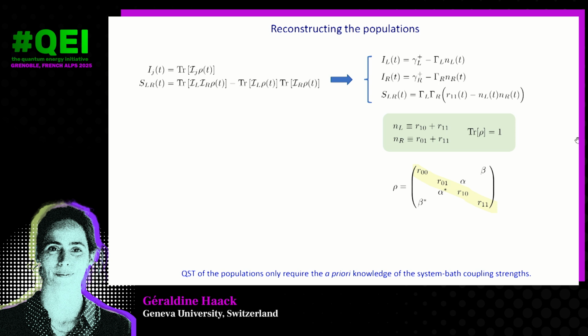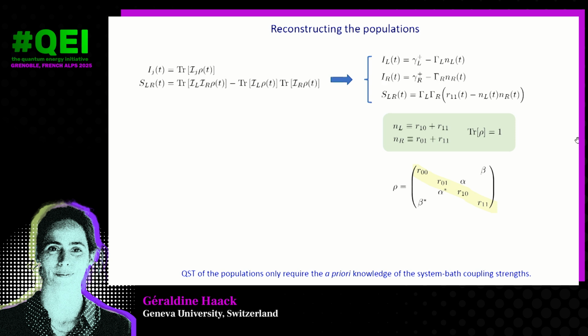That the current to the left path depends on the population of the left qubit, and the same for the right side. And the noise depends also on these populations, but it also depends on this doubly occupied population R11. And just so that you understand the notation, no?